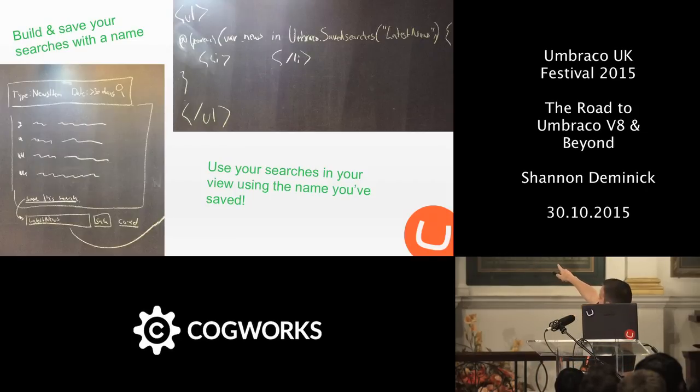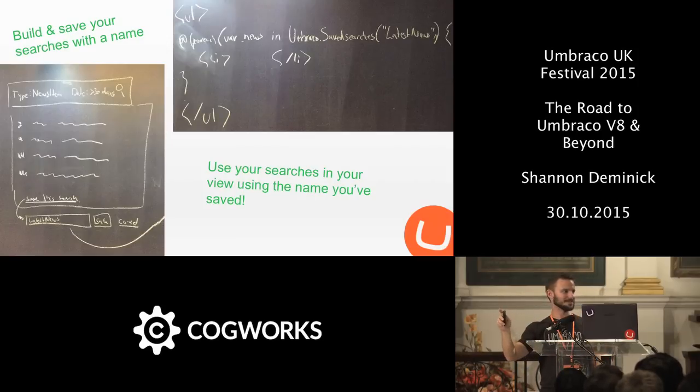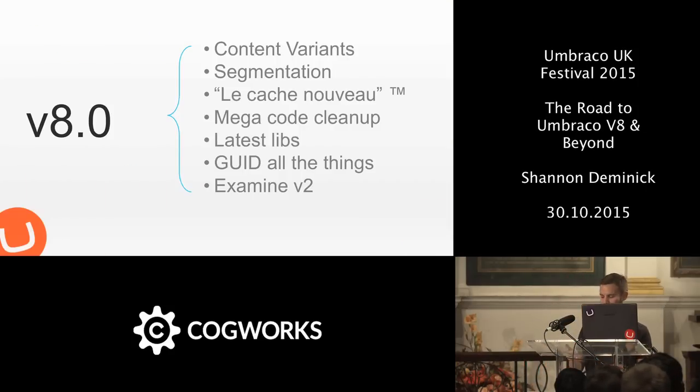It says for each var something in Umbraco.SavedSearches latest news. So let's say I saved a search called latest news, then I can get the search results just with a string using the Umbraco helper. So that would make all of your search experiences much nicer because you can predefine what you want to search on, and then you don't have to put all this logic into your views. So that's another cool feature that we want to do for 7.5.